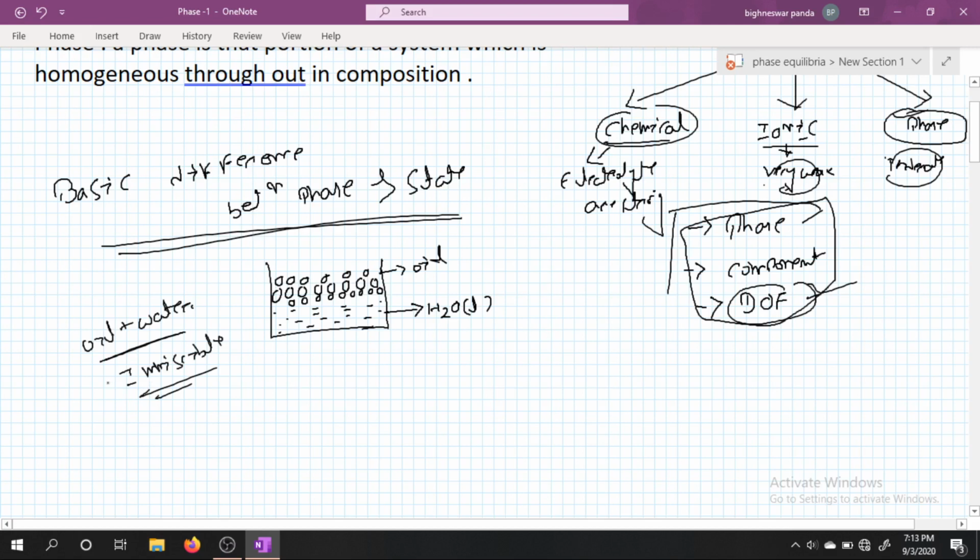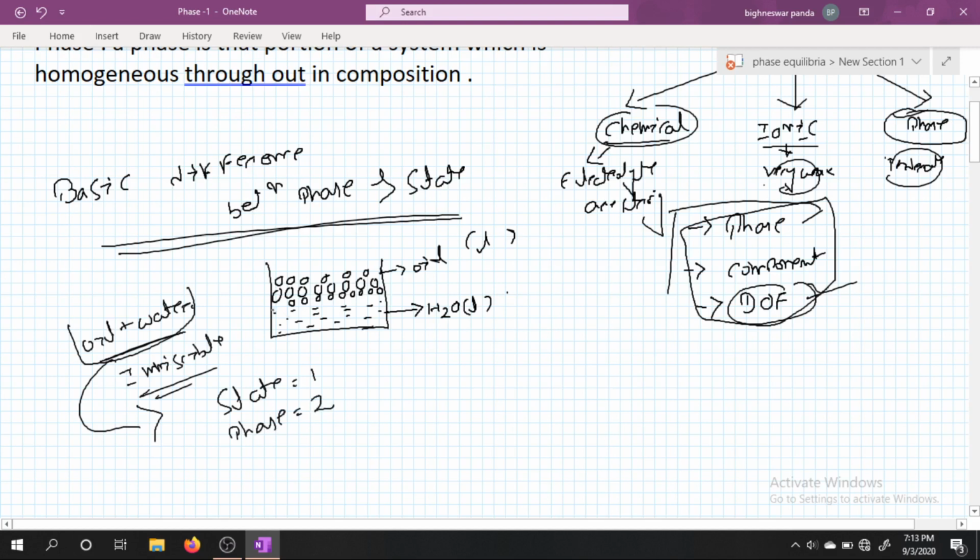In order to know the basic difference between phase and state, I can simply say that oil is in liquid state, water is in liquid state. So here in this oil water system, state is equal to 1. That means one state. But phase is equal to 2. How did I come to know that phase is equal to 2?